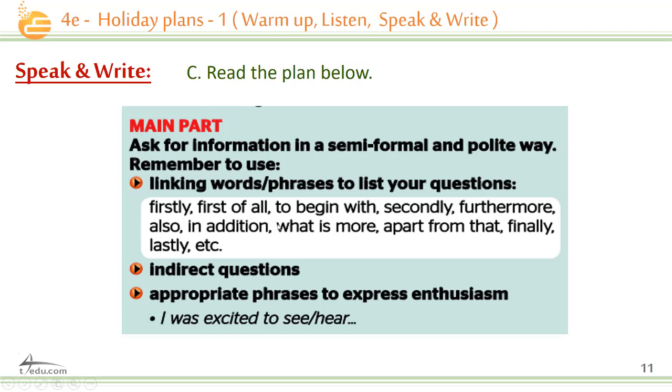Secondly, furthermore, also, in addition, what is more, apart from that, finally, lastly, and then you are going to use indirect questions, okay? And then we are going to use appropriate phrases to express enthusiasm. I was excited to see that, or I was excited to hear that. It will be nice to do that. You have to express it in a polite way.